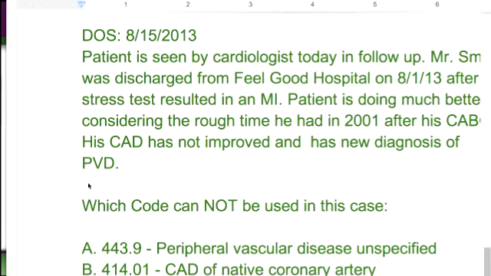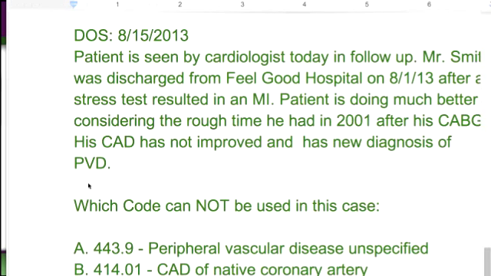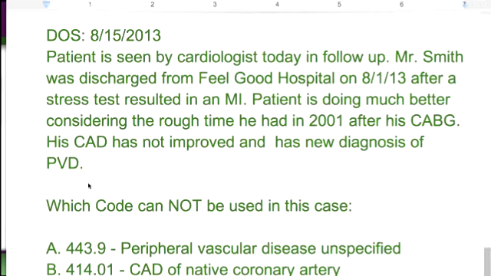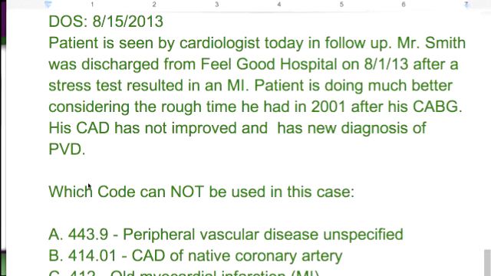Mr. Smith was discharged from Feel Good Hospital on 8/1/13 after a stress test resulted in an MI. Patient is doing much better considering the rough time he had in 2001 after his CABG. His CAD has not improved, and he has a new diagnosis of PVD. Which code cannot be used in this case?